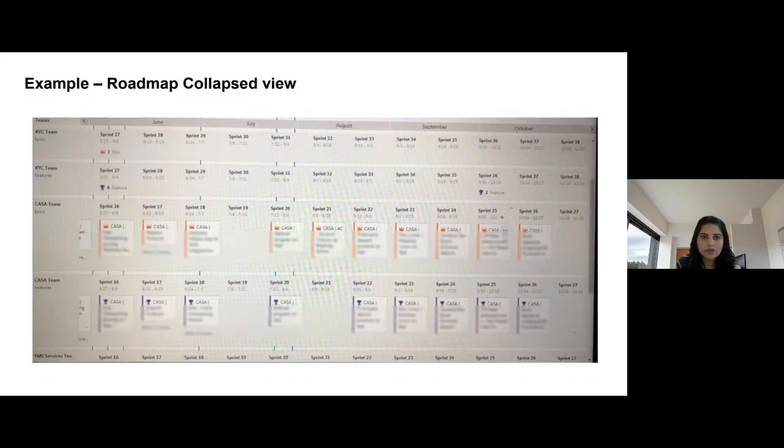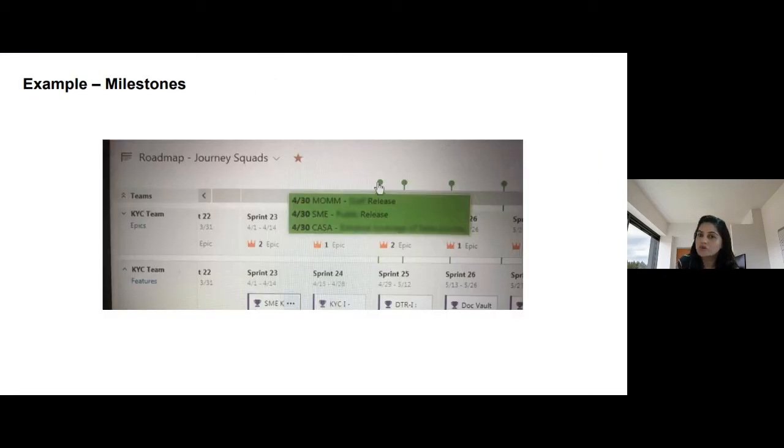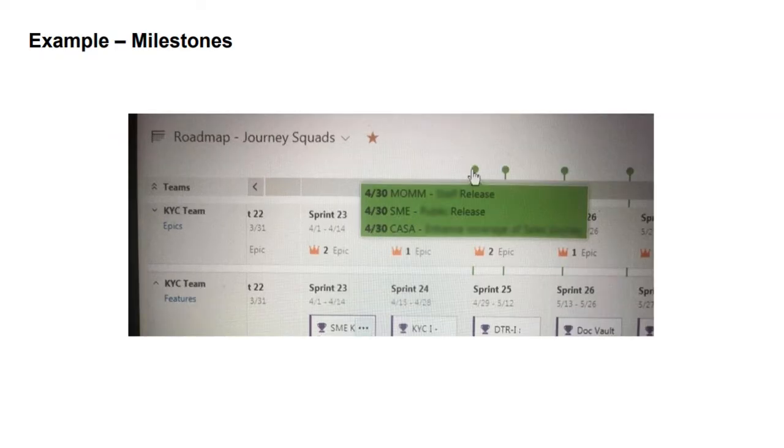Here I am showing you an example of an expanded view where the epic is showing here and the feature is here. Then I'm showing you a very good feature, a milestone. For example, there is a date where three or four squads are going live together, and management wants to know about it. How will they know? Basically, they can see all the milestones in one place. Here these green buttons are where we have put in three milestones.